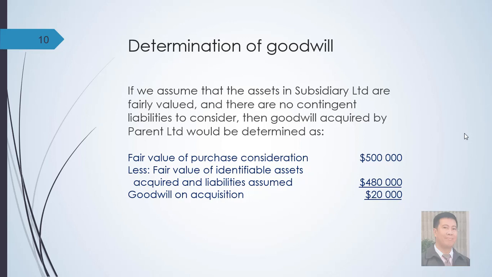But here, in consolidation, this fair value of identifiable net assets will be assumed as the equity. So if the fair value of purchase consideration is greater than the fair value of identifiable assets and liabilities assumed, then the result will be goodwill. If the opposite happens, then that will be a gain.